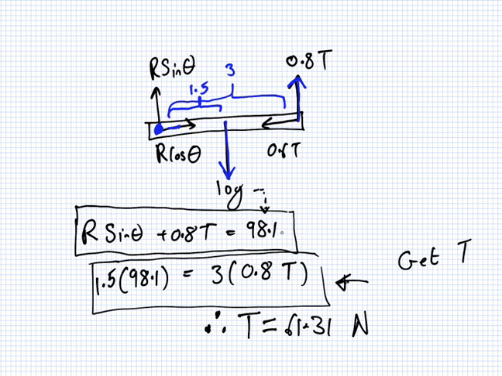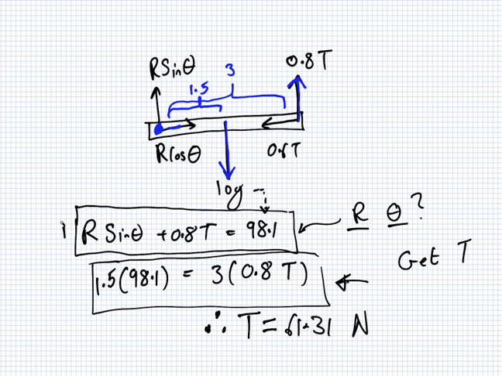Now, there's a problem here. How many unknowns? 2 unknowns. Well, now it's 2. It was 3, wasn't it? So we don't know T sine theta, and we don't know theta. If we have 2 things we don't know, we must have 2 equations.